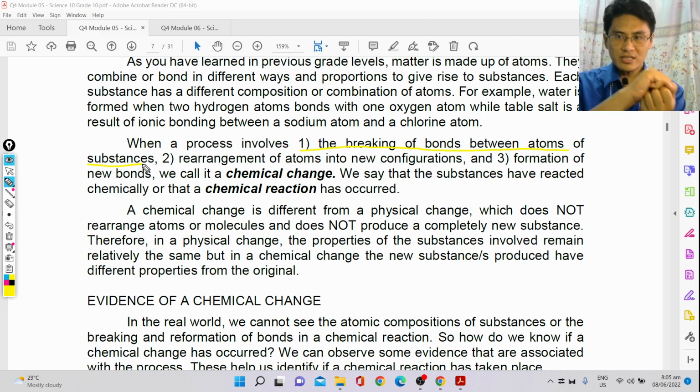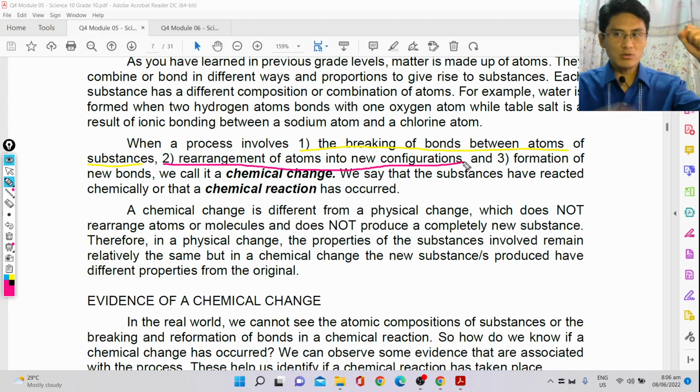If the hydrogen did not break bond with the other hydrogen, it would not be able to form water. And then after that, there is a rearrangement of atoms into new configurations, meaning new proportions. Instead of one hydrogen to one hydrogen and one oxygen to one oxygen, now it's one oxygen to two hydrogen atoms. And then finally, you have the formation of new bonds.